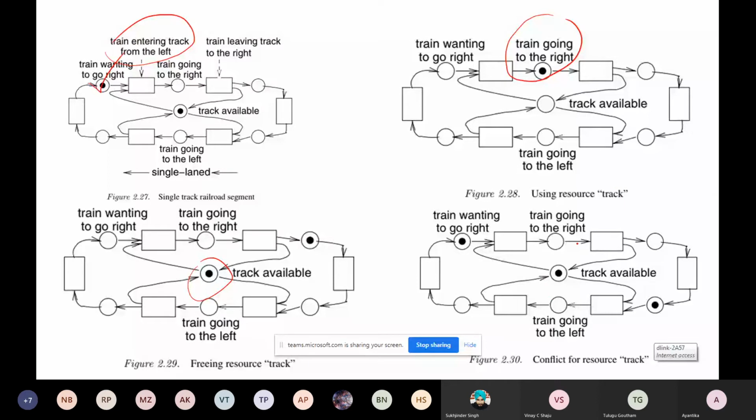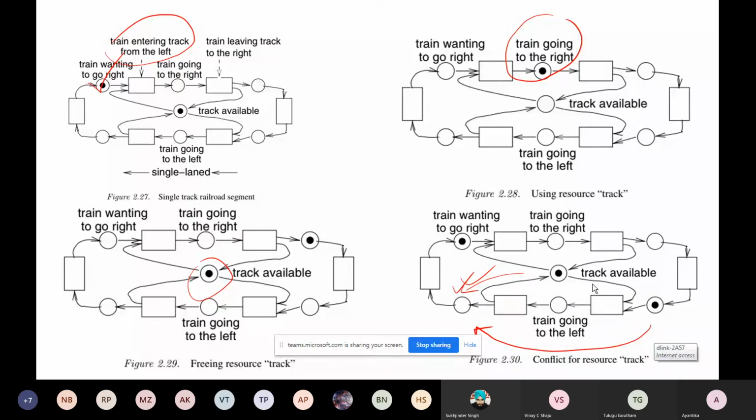If some situation happens, then this token is moving from here to here and then here, and in some cases it may happen that in the next transition these tokens may come to this place, and this token is also coming to this place.